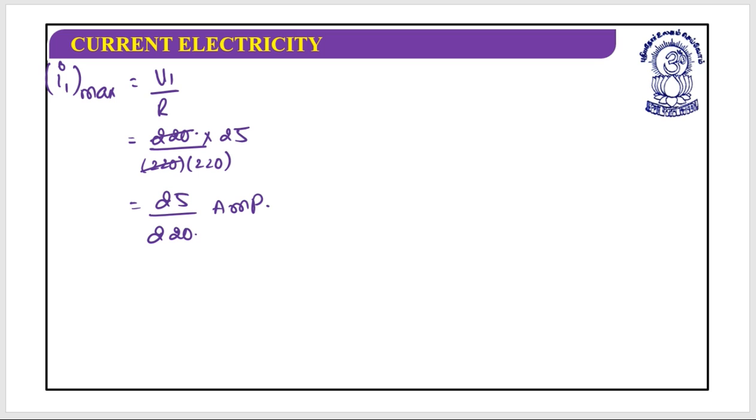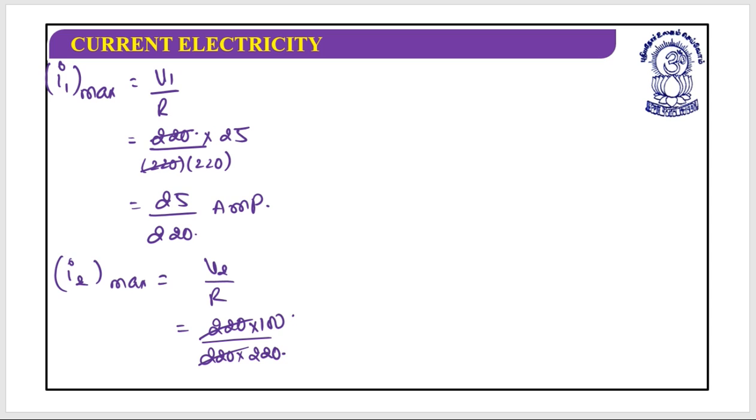This is I1. What is I2? I2 max could be written as V2 divided by R, and V2 is again 220, and the resistance is 220 multiplied by 220 divided by 100. This has gone, and this is equal to 100 by 220 ampere. I hope these things are clear.